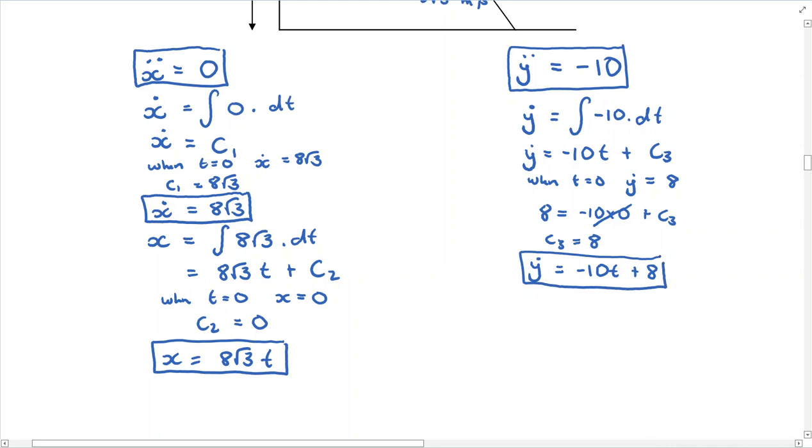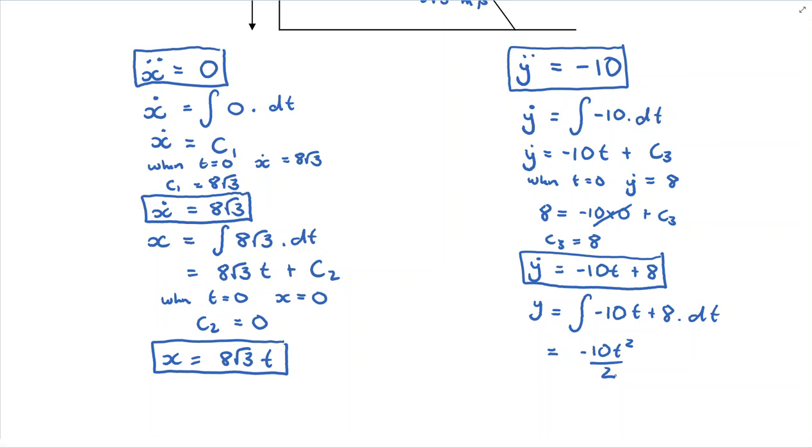Second last equation, got one more to go. The last equation is to get to the displacement for y, which means I need to integrate that equation, negative 10t plus 8, in terms of time. Integrating, we're practicing. So I've got minus 10t. Add 1 to the power becomes t squared and divided by 2. So you could just go straight to -5, but I thought we needed the practice with integrating. The 8, because it's a constant, is going to become an 8t.